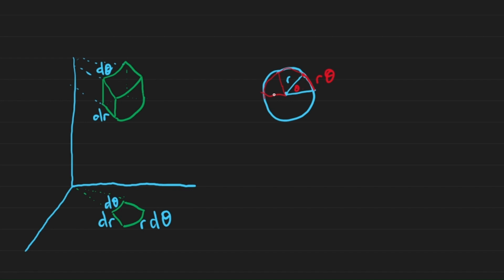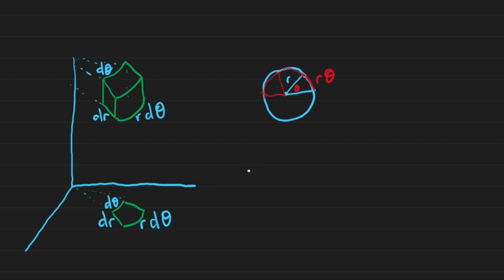So pi radians is 180 degrees. But the whole point of this was to show that the length of the arc is equal to the radius multiplied by the angle. So here this is our radius length, dr, and our angle is d theta. So the length of the arc is r d theta.